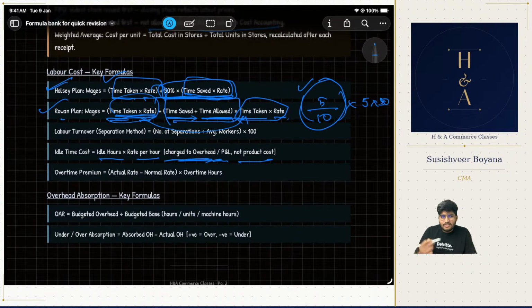Why? Whenever a laborer is not working in the plant, those hours are not giving you any output towards any specific unit production. When it is not directly related, do you consider it for the product cost? No. You consider it as an overhead and charge it to P&L.